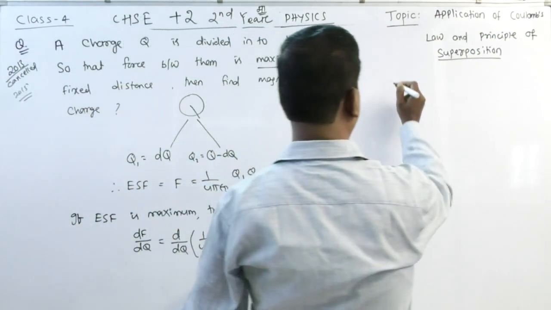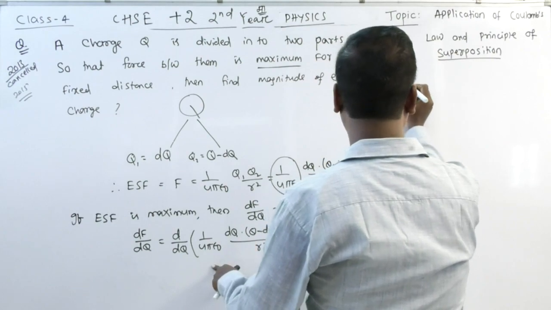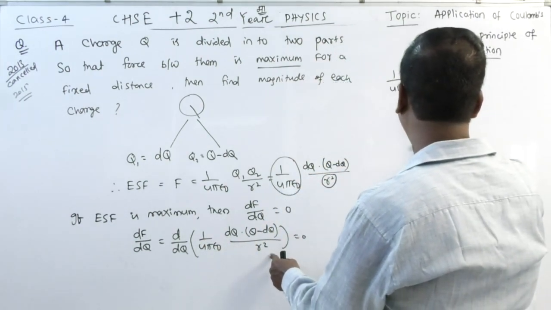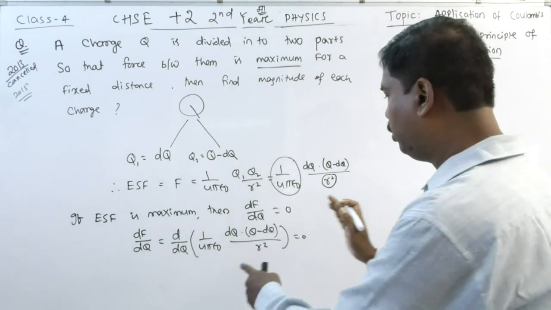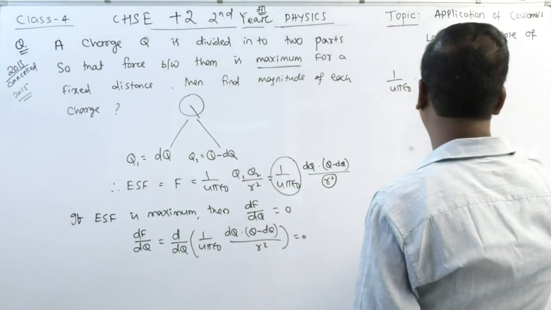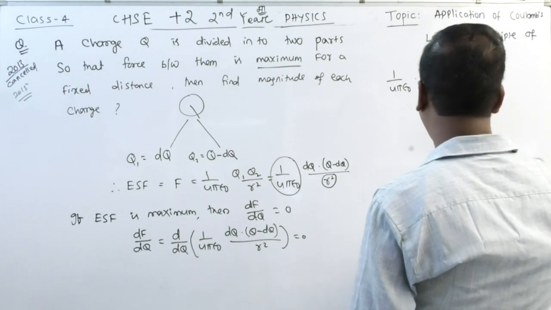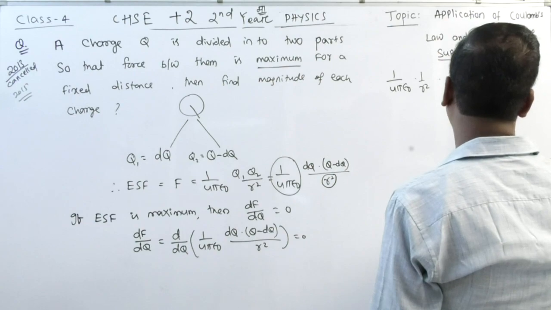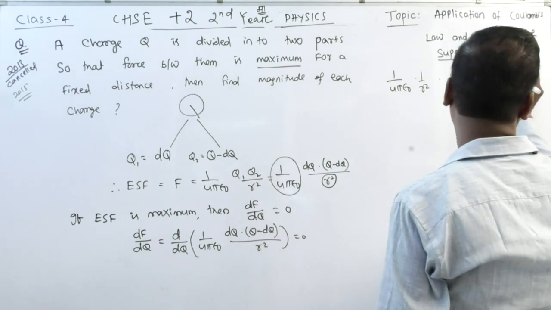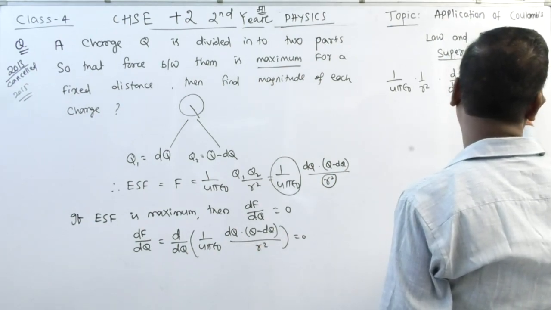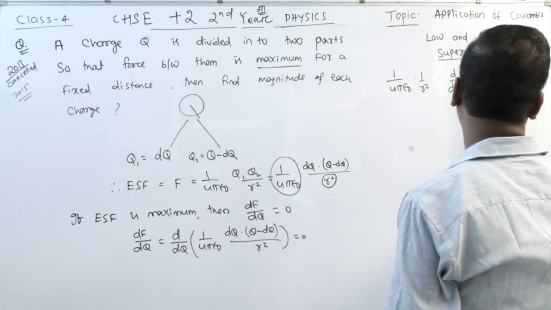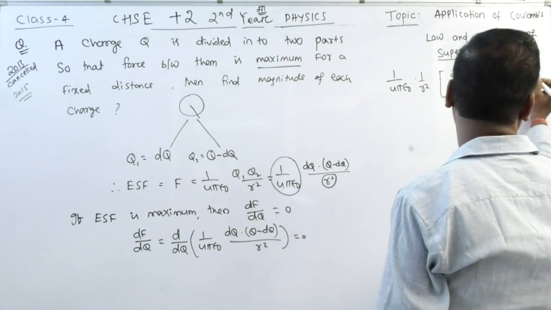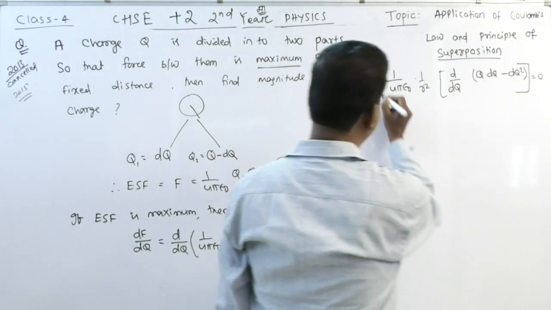It means 1 by 4 pi epsilon 0 is a constant quantity, and r square is also a constant quantity, so they are taken out. The remaining quantity is d by dq of (q dq minus dq square), which is equal to 0.